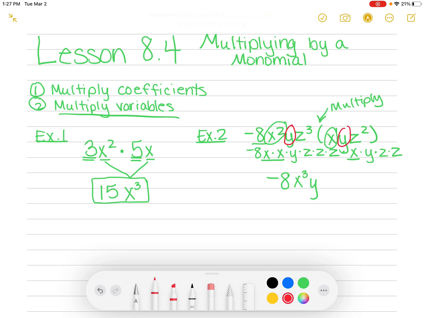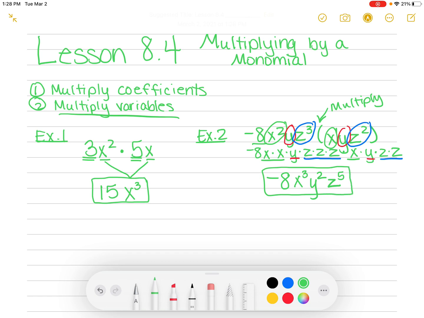So that's 2 of them, y and y. So then I'm going to have y squared. And then for my z's, I have a z cubed and a z squared, which is z to the 5th power. You'll see it right here. I have 3 here and 2 here. So that's z to the 5th power. And there's the answer you should have gotten.